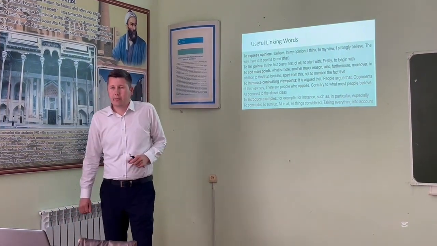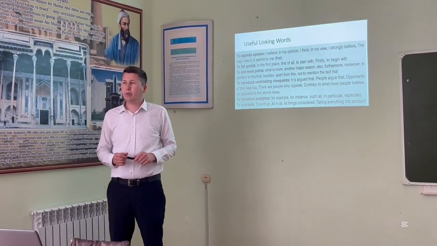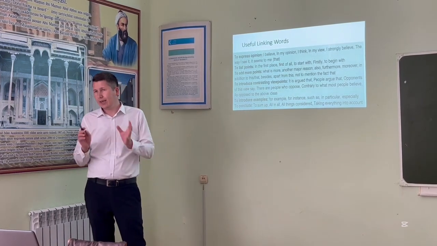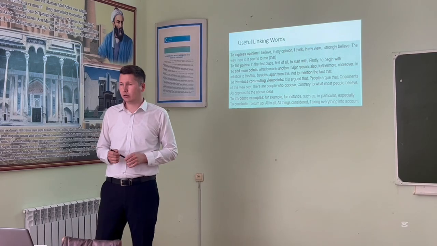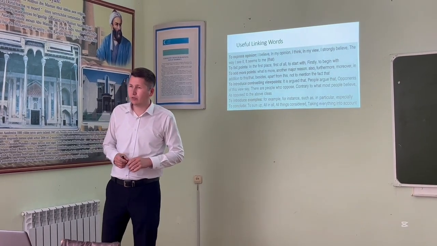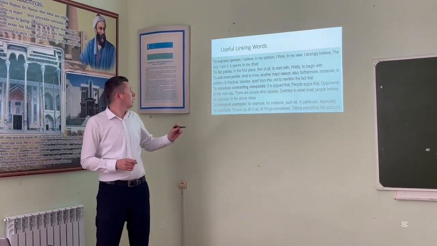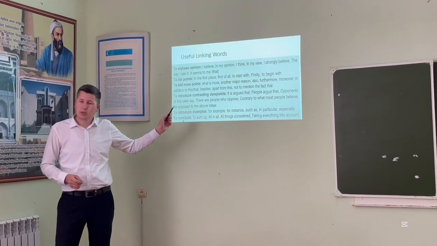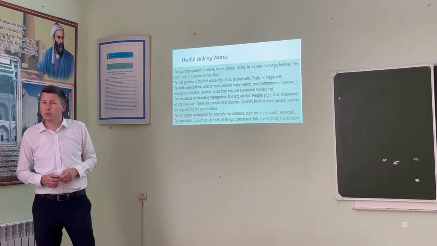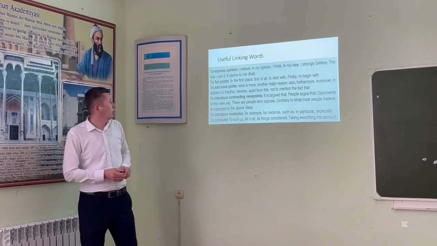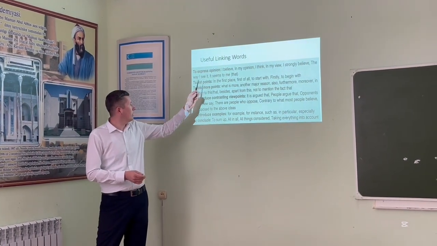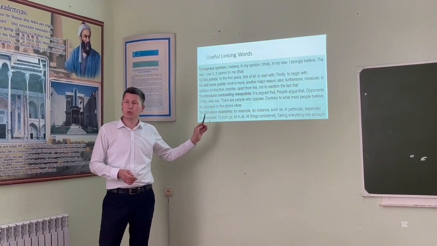And now the next important thing in writing an essay, or everything in writing: linking words. We should use different linking words like this. You can see these linking words in your notebook or in your textbooks. Here are given some types of linking words and examples.